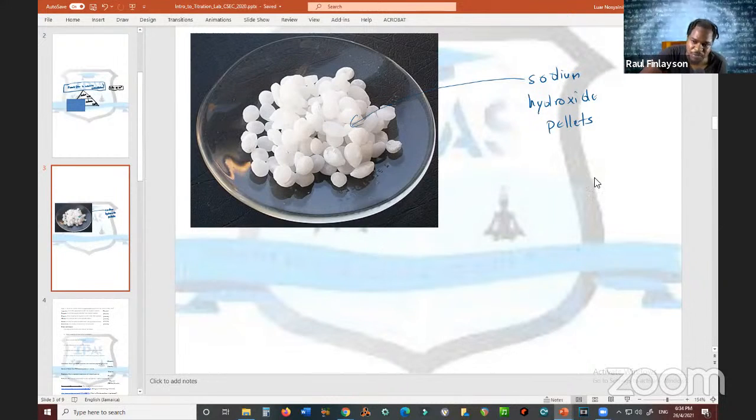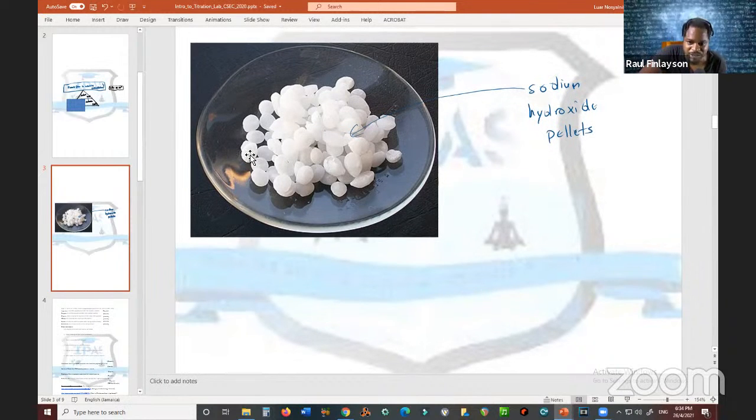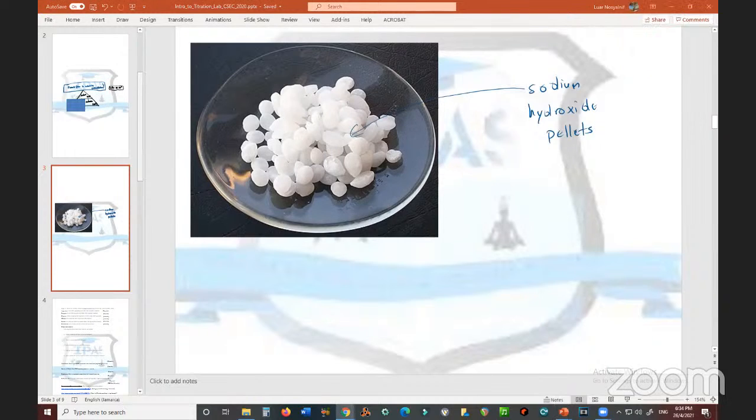Soap is actually made using this sodium hydroxide. So when you're doing the acid-base titration, this is the base we're going to use, and what we normally do is dissolve this in water. Bases are slimy and bitter.